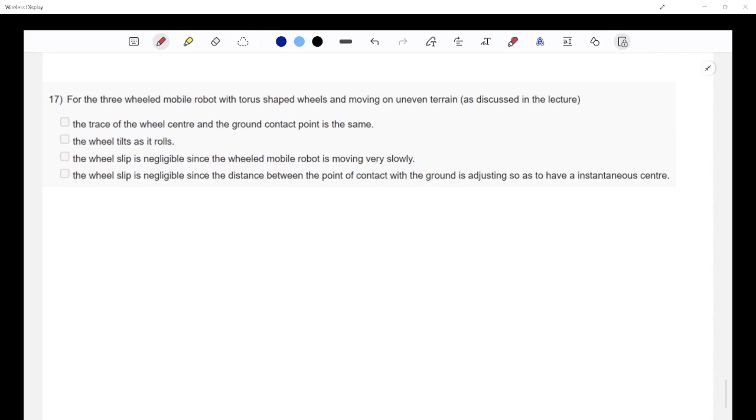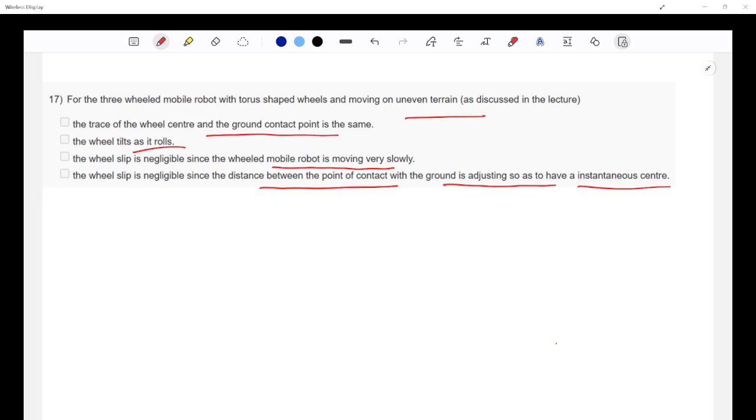Question 17. For the three-wheeled mobile robot with torus-shaped wheels moving on uneven terrain, a special design is introduced to handle uneven terrains: torus-shaped wheels plus passive joints.